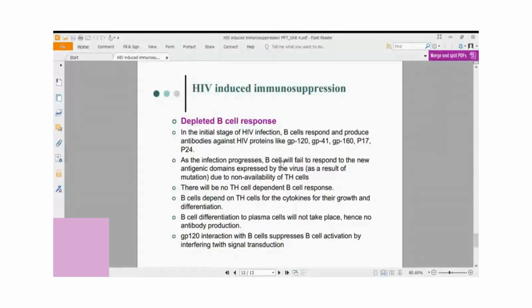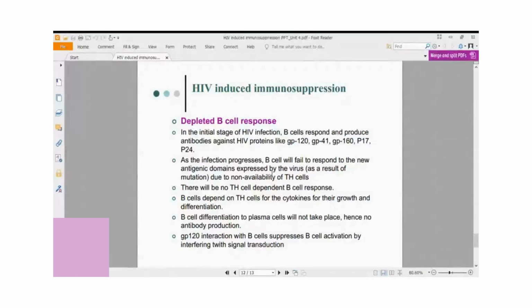By binding to MIgM receptors, even though they try to initiate the activation of the B lymphocyte, the B lymphocyte activation is not going to take place. The reason being, the TH cells are not available. B cell is not going to establish contact with the TH cell. That synapse is very important.